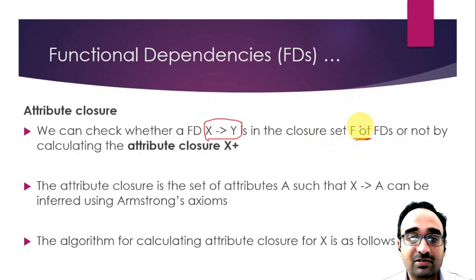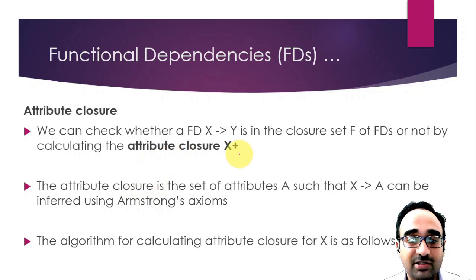You will be given a set F of FDs, and they are also giving a new FD, and they are asking us to find whether this will be a part of this or not. In that case you will find the attribute closure of the left hand side, the attribute closure of X, called X plus. Understood why we are discussing this attribute closure concept?